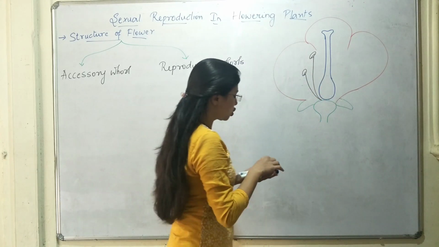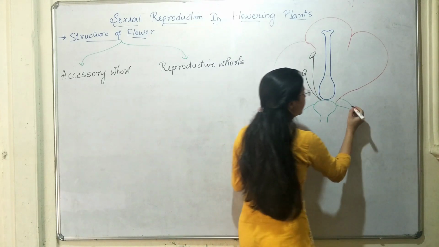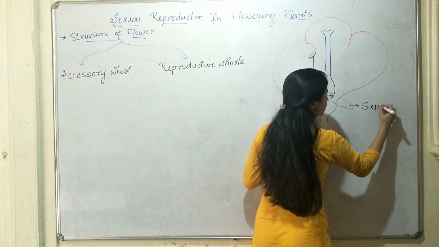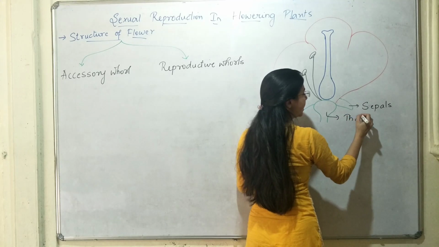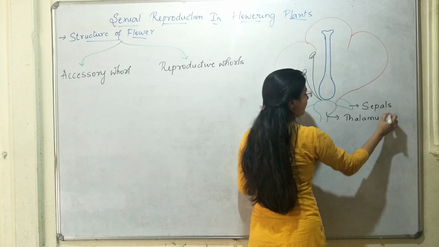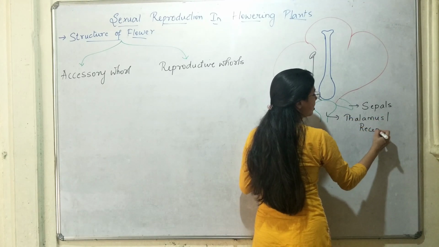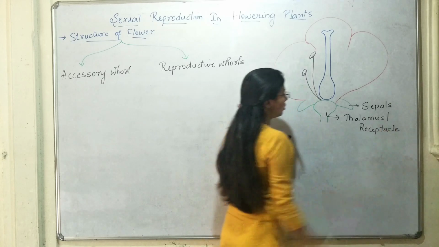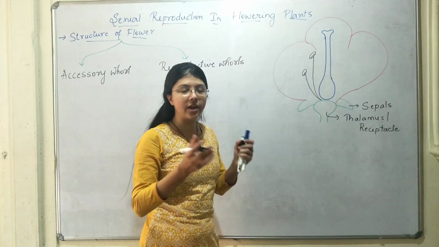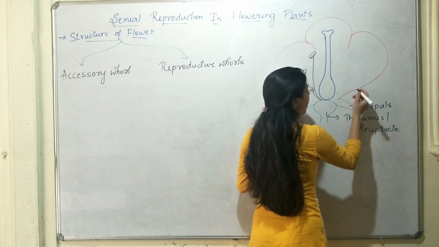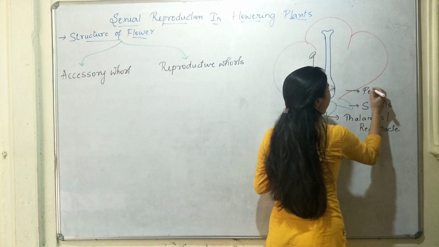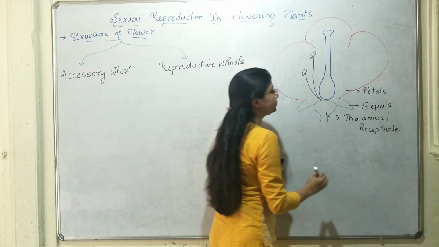Okay. If you see the structure of the flower, this green colored part is called the sepals. Now all the parts of the flower reside at a base which is called the thalamus, or the receptacle. The green colored structure which protects all the inner parts of a flower is called the sepal. The colorful parts of the flower are called the petals.